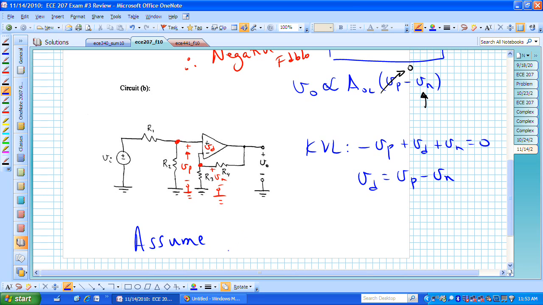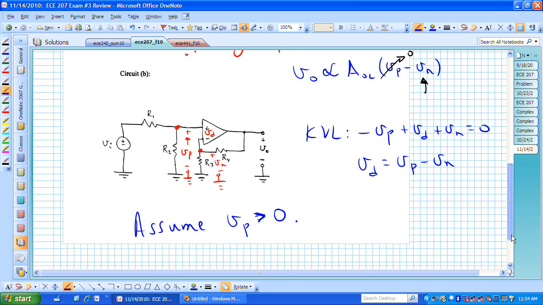We just need to see that the output is moving in a direction opposite to force V sub D equal to 0, and we're feeding that information back. For checking that out, let's assume that V sub P is positive.